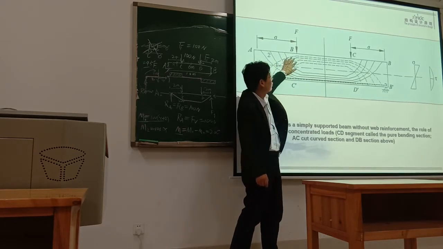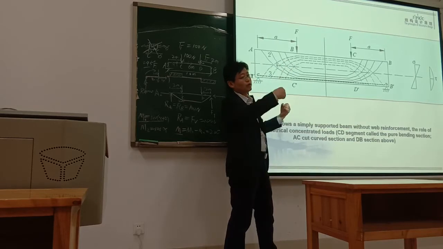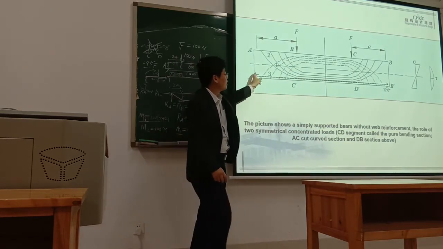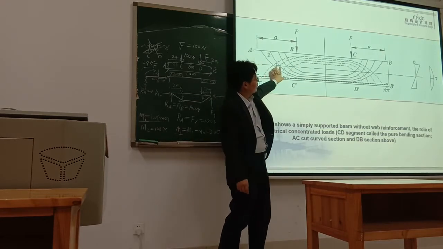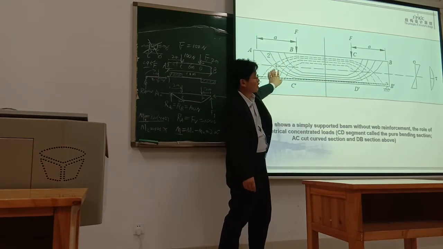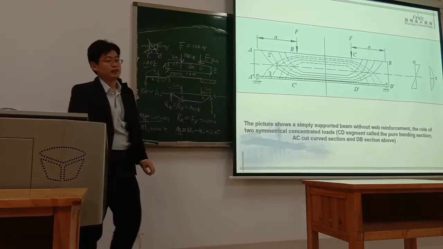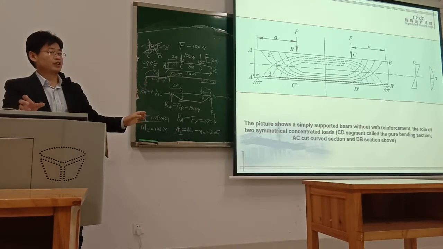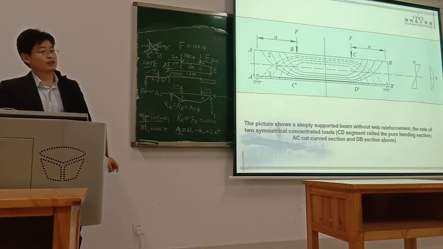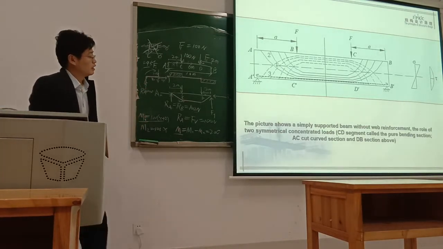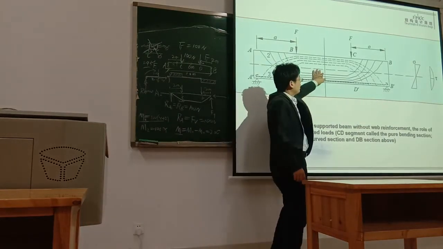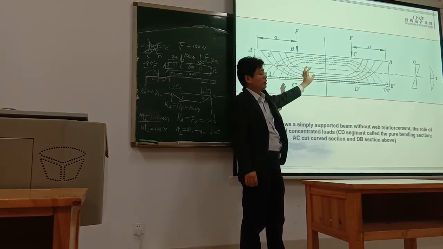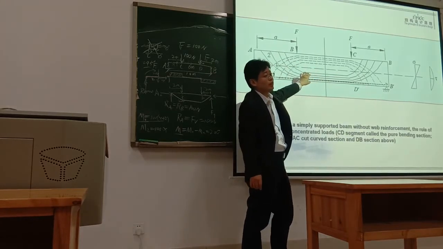So this part of concrete will be crushed. So in this beam, the concentrated force is in this direction. The distribution of the compressive force is transferred in this direction. That means in the middle part here, actually there is no, of course, it has some, but the main compressive force goes this way.